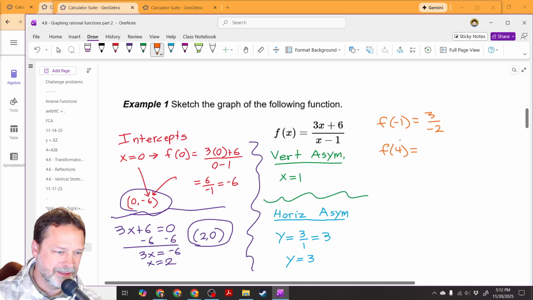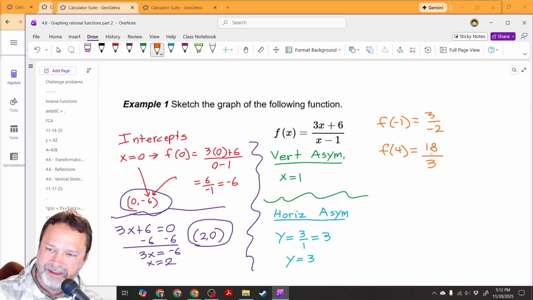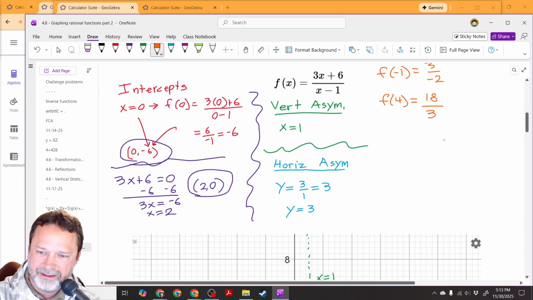And we'll take a look at what this graph looks like on GeoGebra. So f of 4 would be 12 plus 6 is 18 over 3. 18 divided by 3, what is that? 6? 3 times 6, 18?